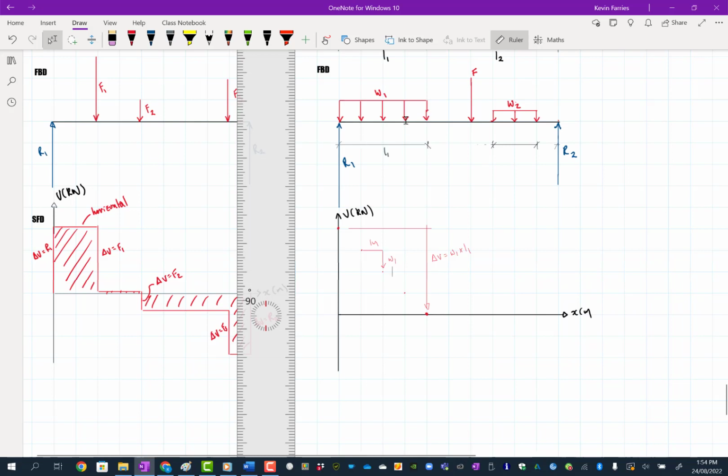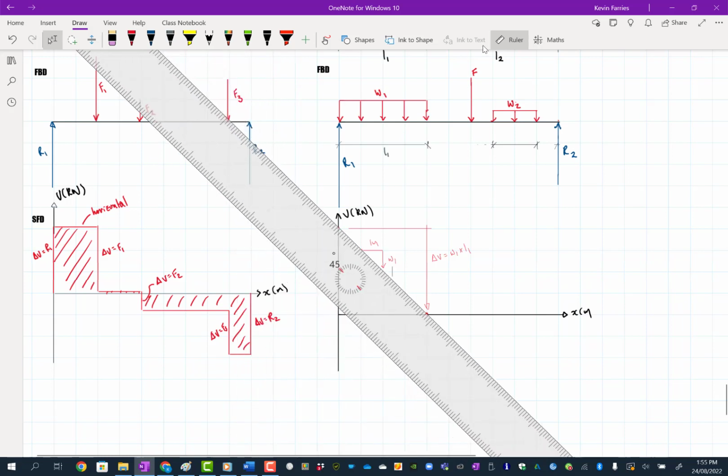If you go along to here, then say this was 10 kilonewtons, you'd have gone along 3 meters, so you'd have come down 30 kilonewtons. And so another way to think about it is just for any point in the shear force diagram, the amount you drop is just equal to the area for the equivalent distance along this UDL. So heaps of different ways. They're all really the same thing.